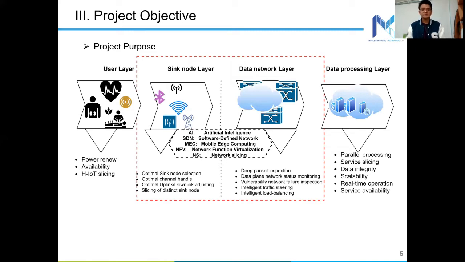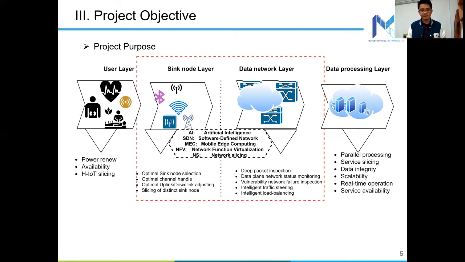In this project, we will focus on the signal layer and the data network layer. We will perform optimal signal selection in order to adjust the incoming requests to join the radio resource and send information to the hospital cloud.